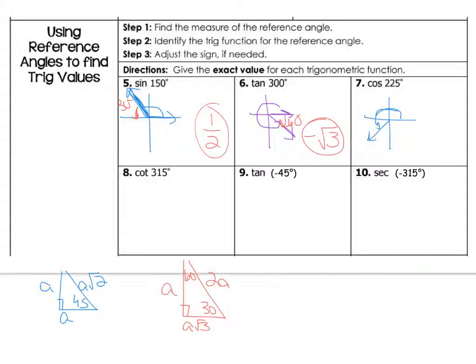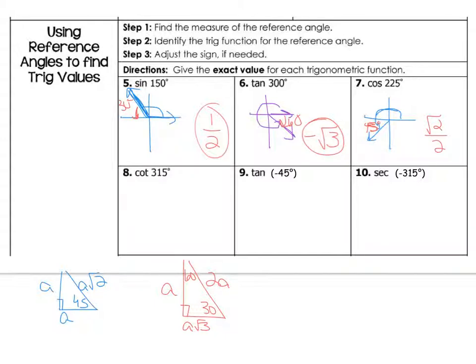Okay, so that means my reference angle is 45 degrees because I went 180 plus another 45. So I need the cosine of 45 degrees. So let's look. Adjacent over hypotenuse, that is A over A root 2. So that's going to be 1 over root 2. We would have to rationalize that, and we would get root 2 over 2.